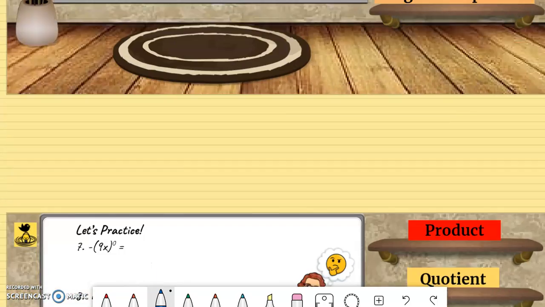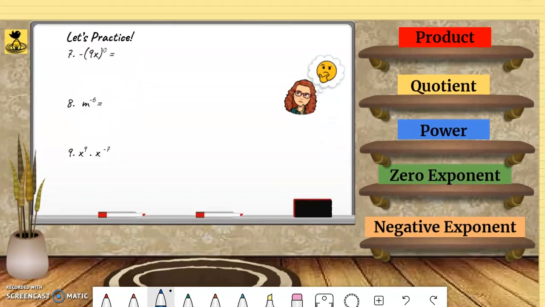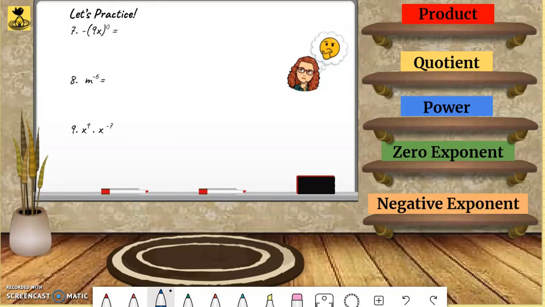So let's move to the next numbers, 7, 8, and 9. Few seconds. Okay, let's answer this right away. This is so simple. But we need to be very careful because there's a negative sign outside 9x raised to the power of 0.